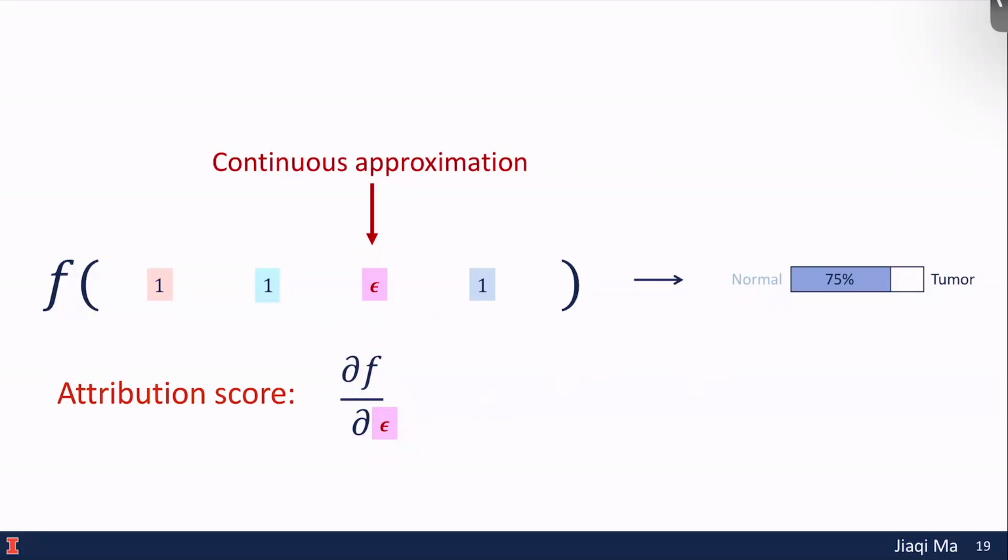Moreover, we're going to evaluate this partial derivative at epsilon equals 1. What this derivative is capturing is, if we do a small perturbation on one data point's weight, how much the model prediction will change. So this gradient is capturing that, evaluated at epsilon equals 1.